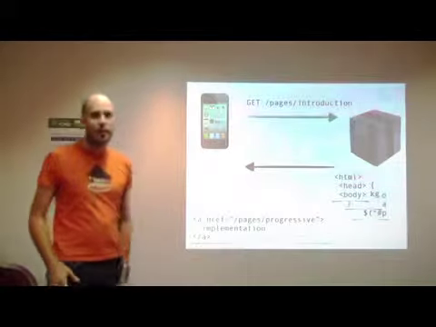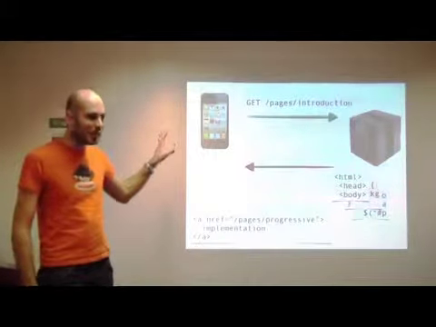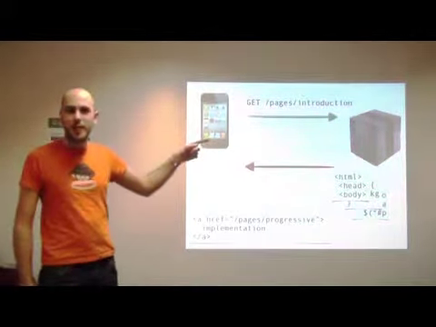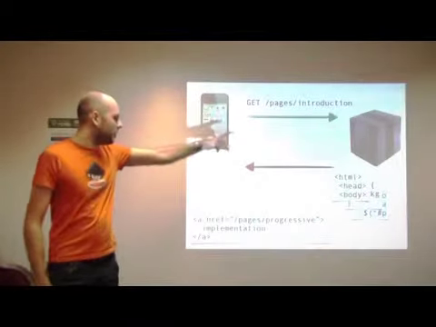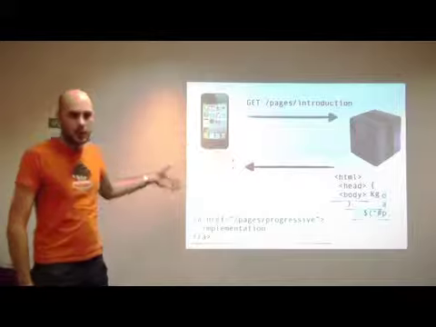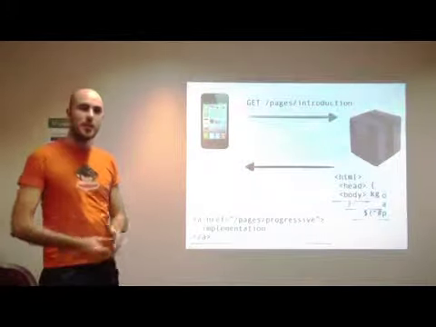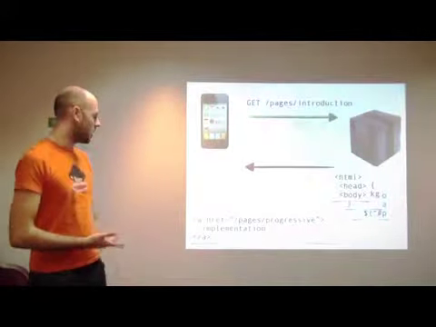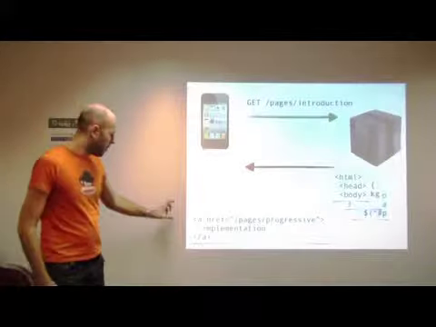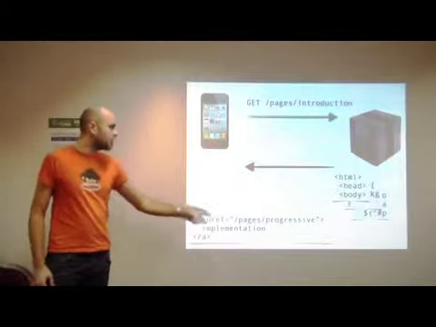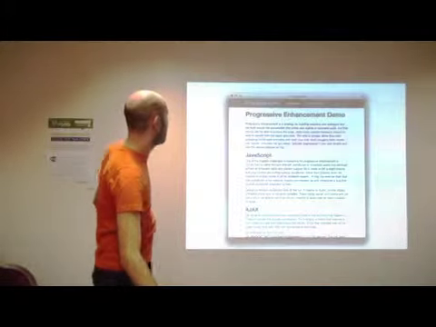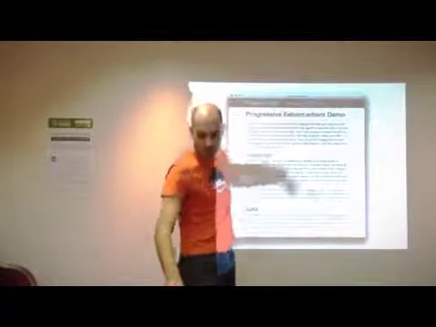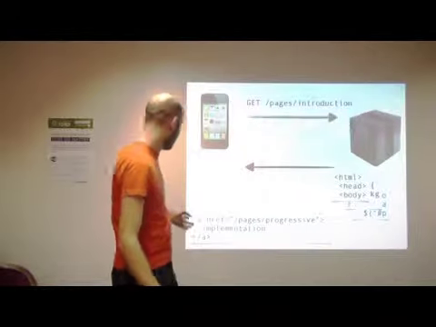So here we have our diagram again. If you go to the first page, your browser is just going to ask for that URL, and you're going to get the three components that I said before. You're going to get HTML, styles, and JavaScript. And in the HTML, there is a link, and the link goes to another page.